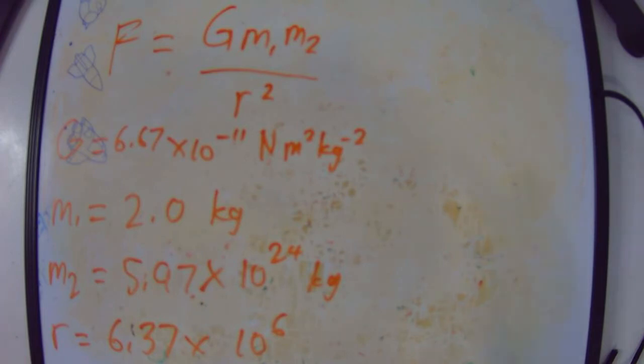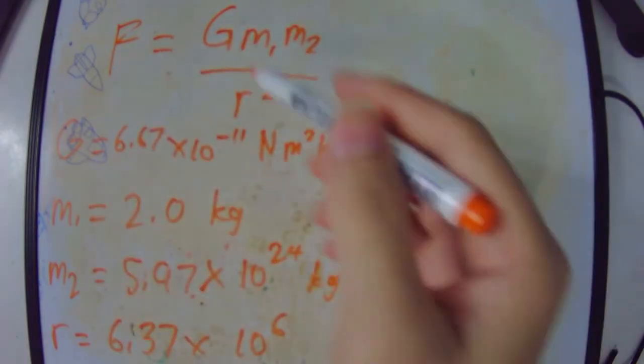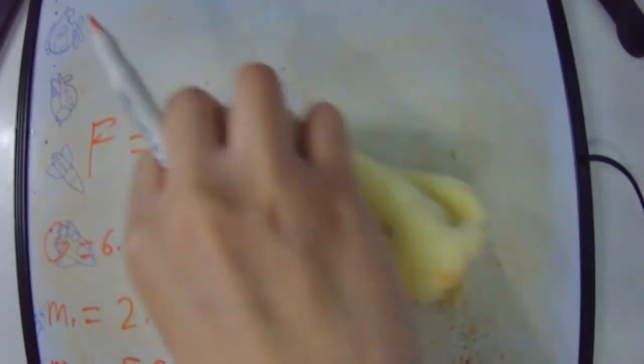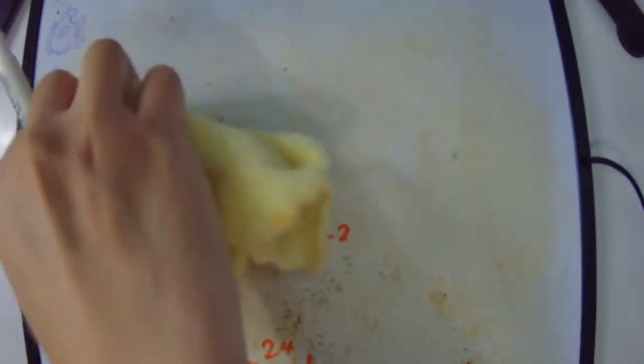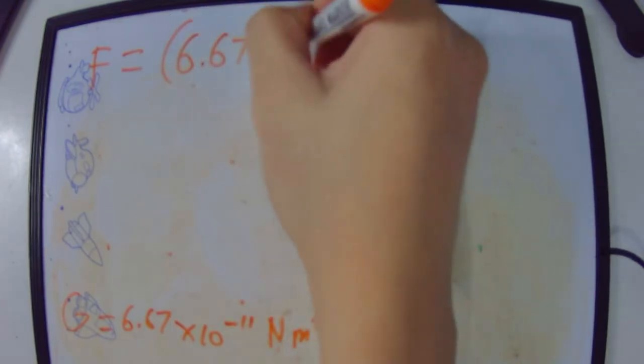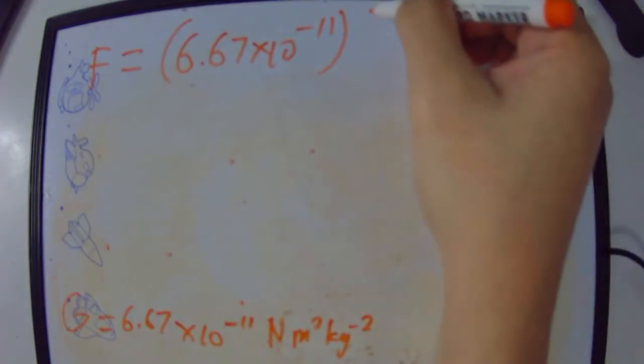Okay, so let's just put all of these values into the formula that we have already studied. I'm running out of space, so let me just rewrite it there. We're going to find out force. G we already determined is 6.67 times 10 to the power of negative 11.